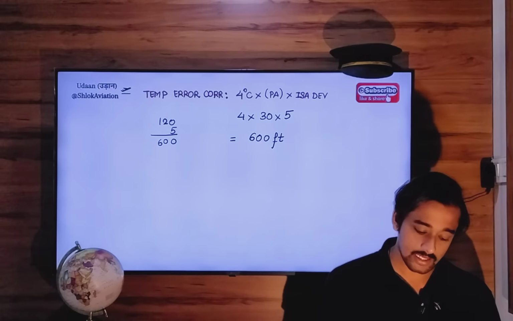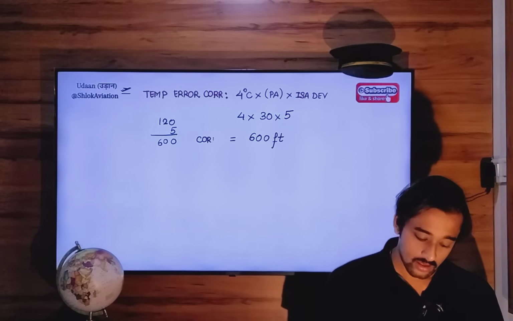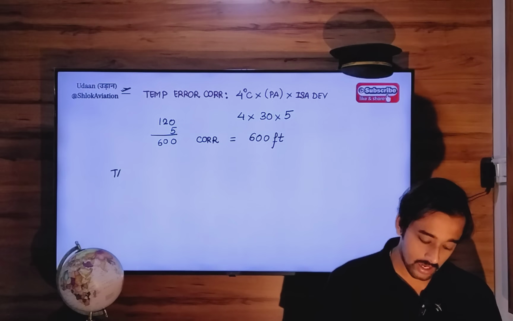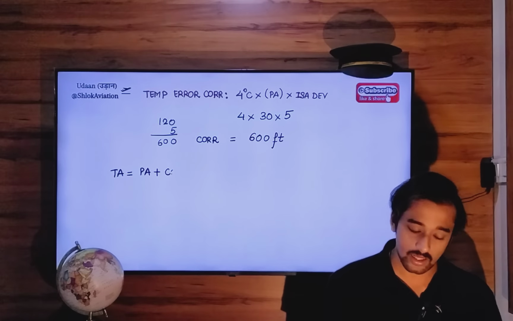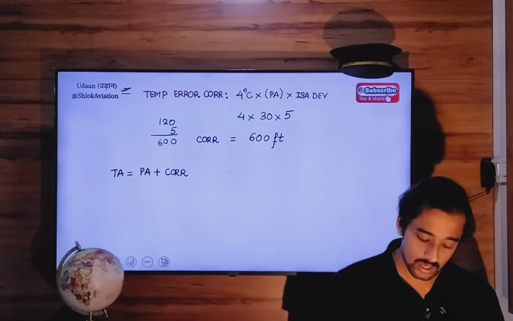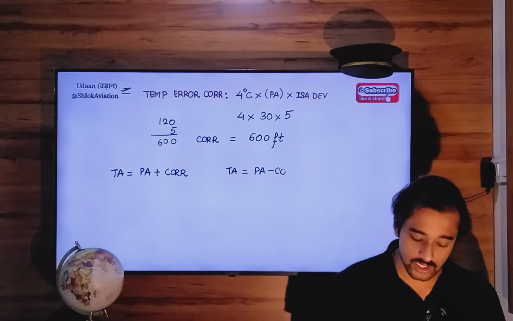So 600 feet is the correction. So now your true altitude will be equal to pressure altitude plus this correction, or it can be true altitude equals pressure altitude minus correction.